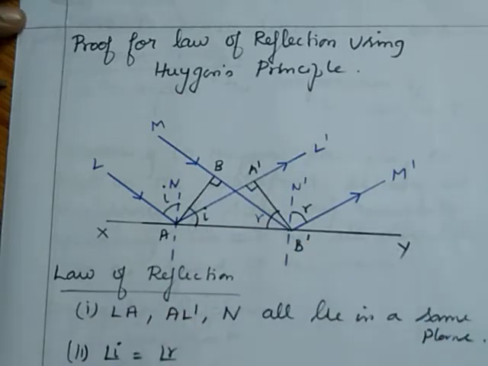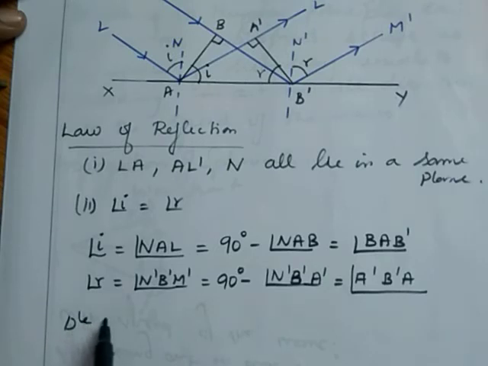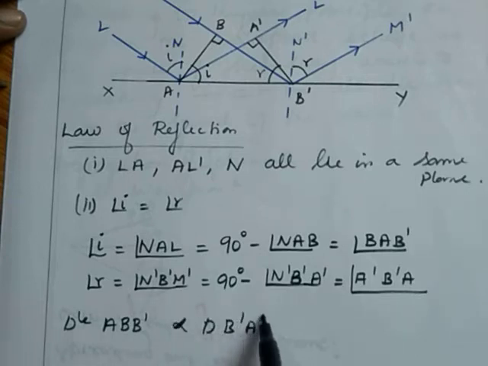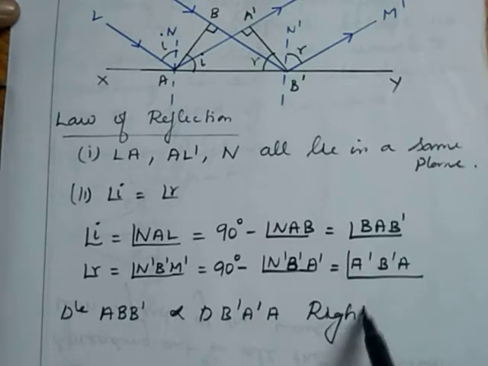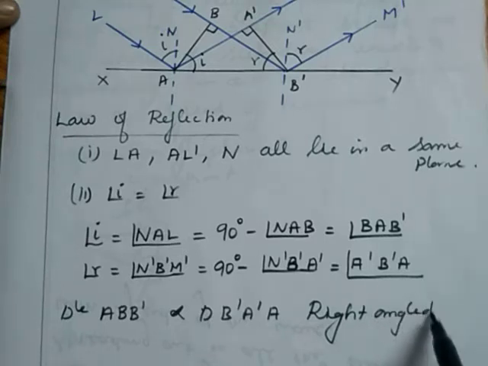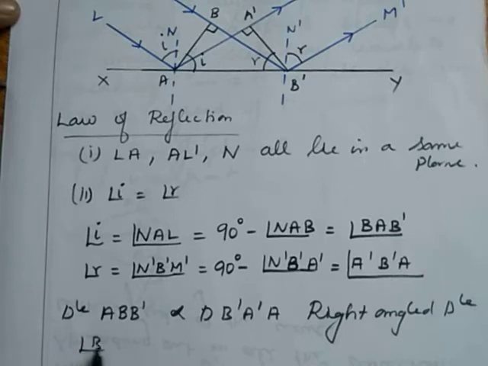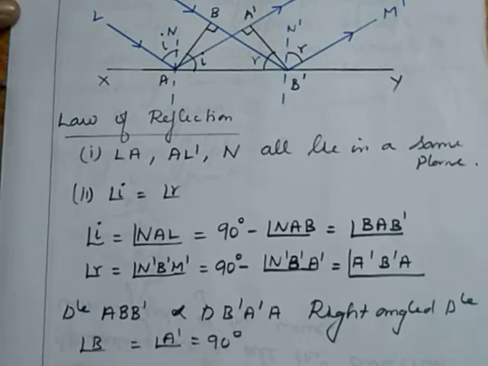Then the triangle AB' and the triangle B'A'A are right angled triangles, because the angle B is equal to angle A', that is 90 degrees.